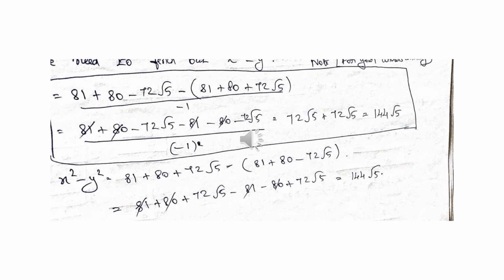See, it is in the form of a plus b root 3. So a is equal to 7, b is equal to 4. Okay, in the same way, second sum also, root 7 minus 2 by root 7 plus 2. To rationalize, first it should get multiplied with root 7 minus 2 by root 7 minus 2. So we need to apply the formula, a minus b the whole square, that is one formula.